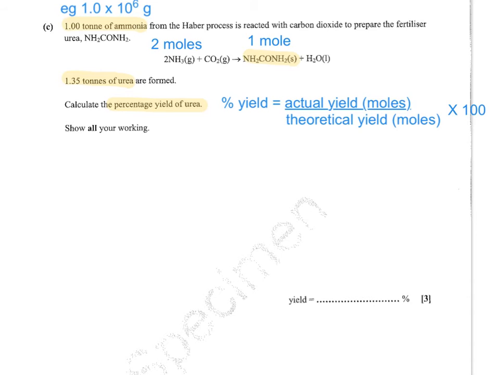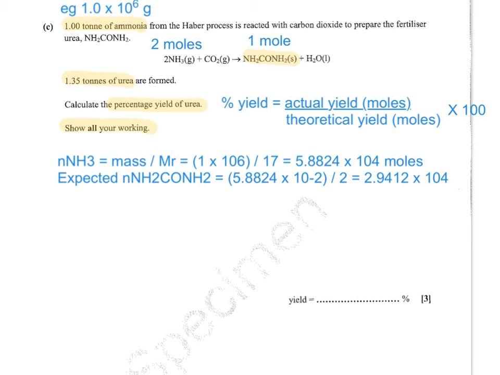It says to show all your working. To enable us to put some figures into that equation, we've got to work out what the moles of everything actually happen to be. So let's start with ammonia. What we've done is we've used mass over Mr to work out the number of moles of ammonia used, and the expected amount of urea, because it's a 2 to 1 mole ratio, would be half of that, which would be 2.9412.